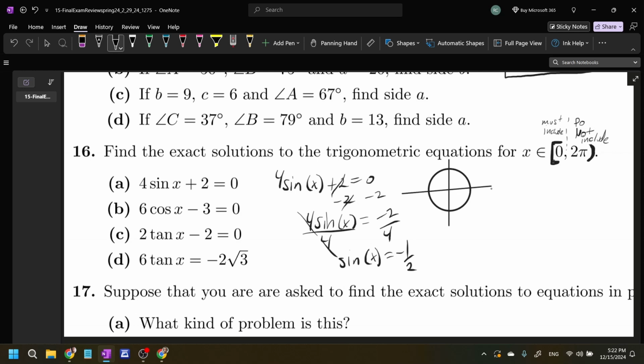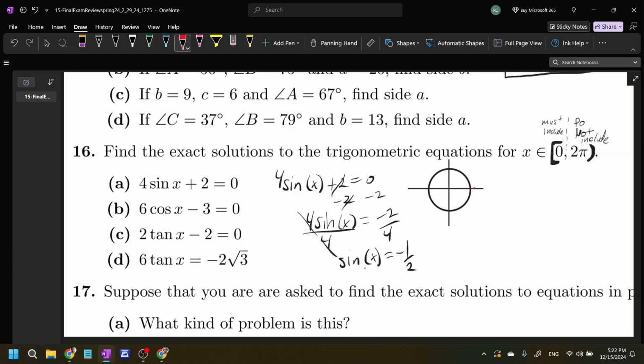What they're saying is that there exists some point between 0 and 2 pi, which is the entire circle excluding 2 pi, for which the y value is negative 1/2.